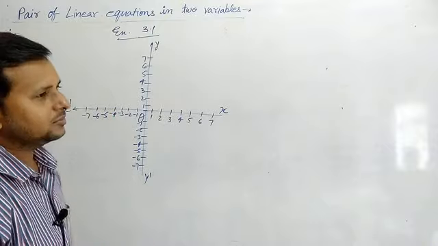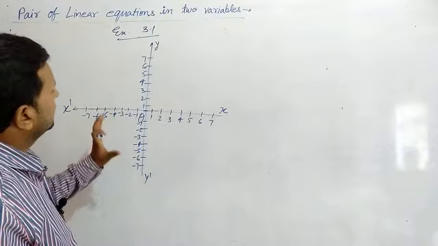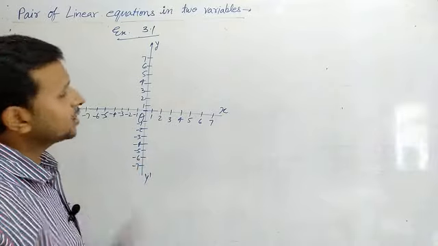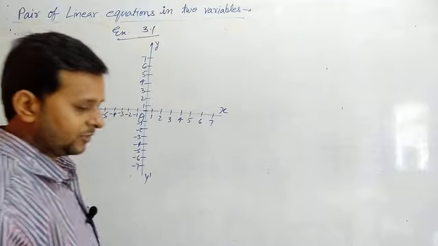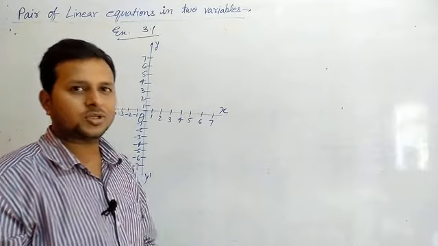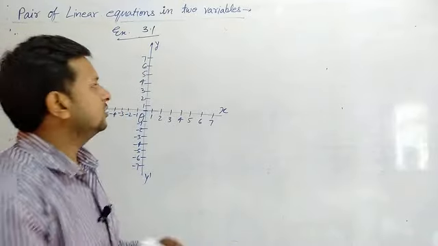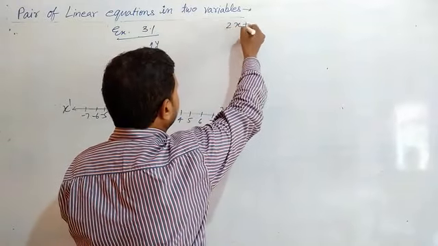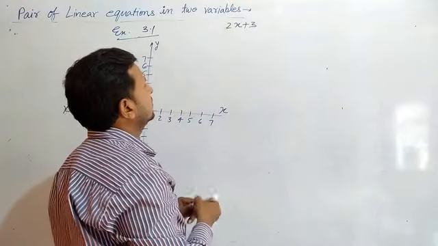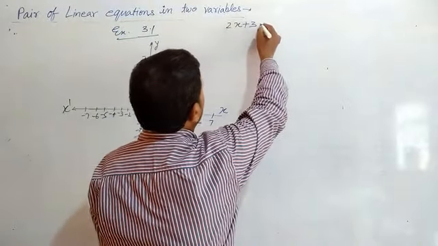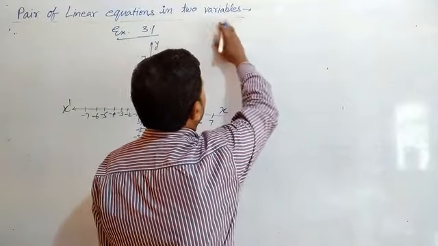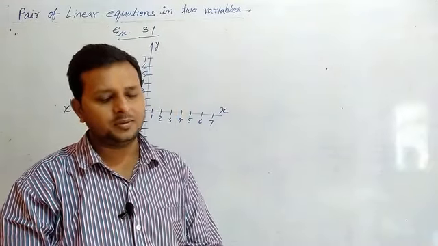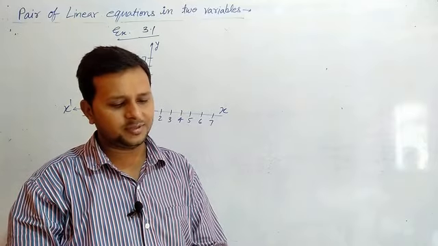We have to represent the values of x and y in this graph. So first of all, we have to know what the question is. Now we take a question of the exercise.